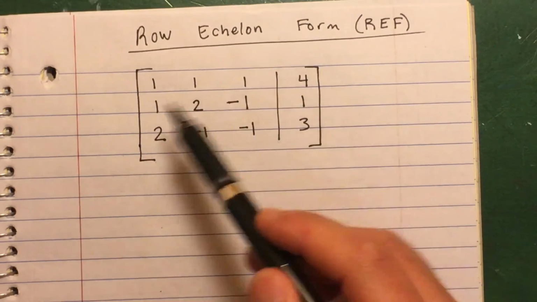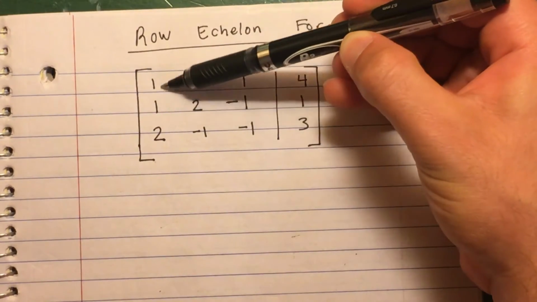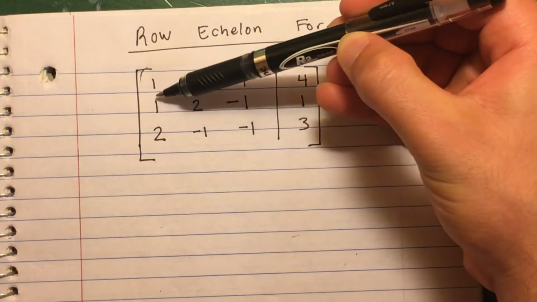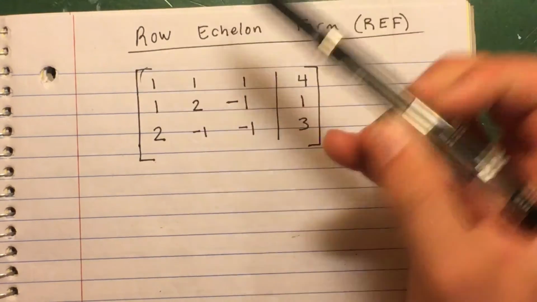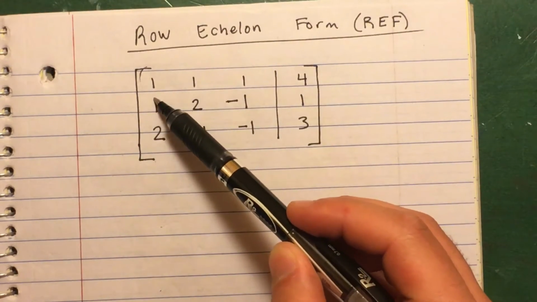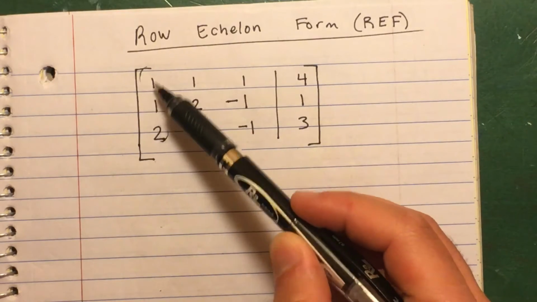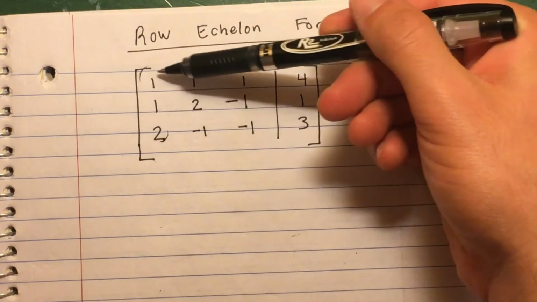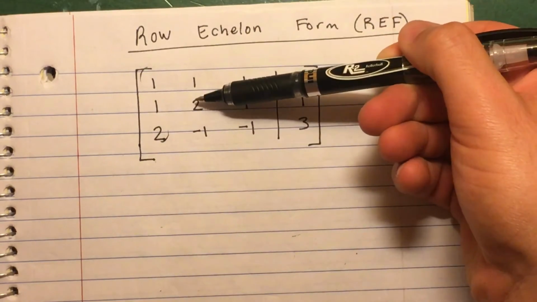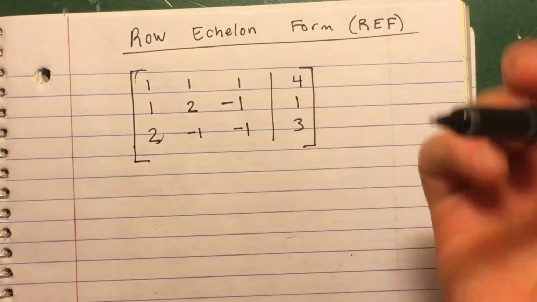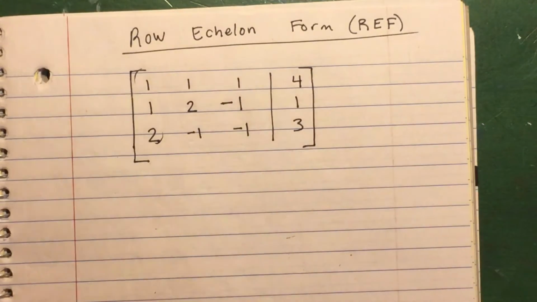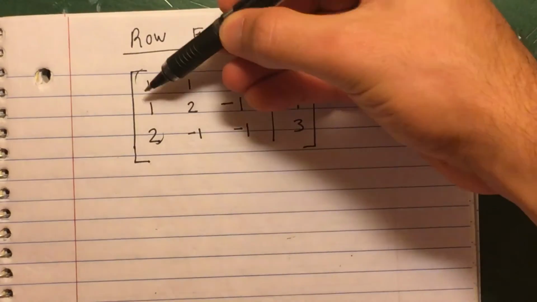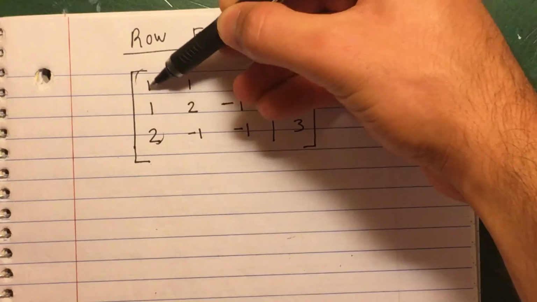Starting with the first leading entry in the first row, we're going to manipulate it in a way that makes all the entries below the leading entry zeros. After we do that for the first leading entry, move on to the second row and manipulate it to have zeros under the second leading entry. So we want straight zeros under this one right here.